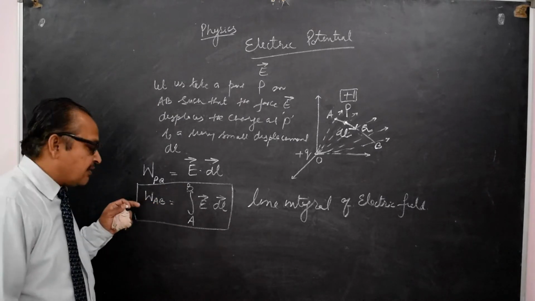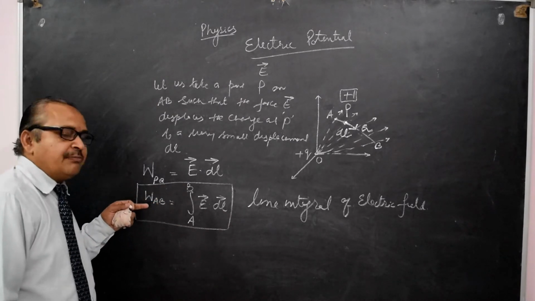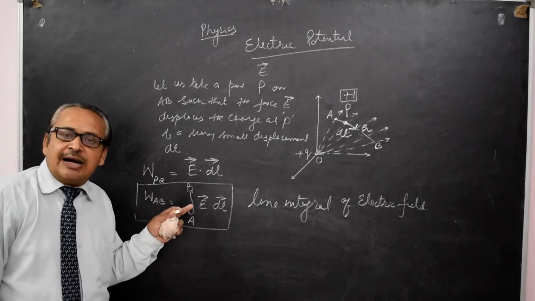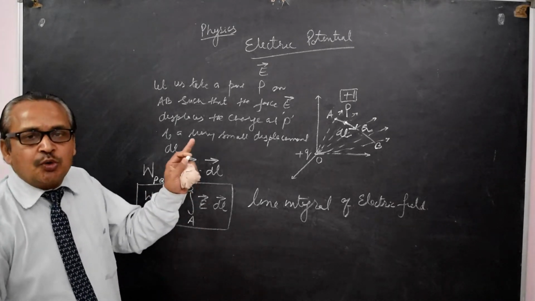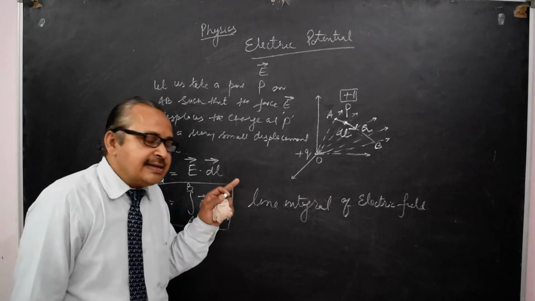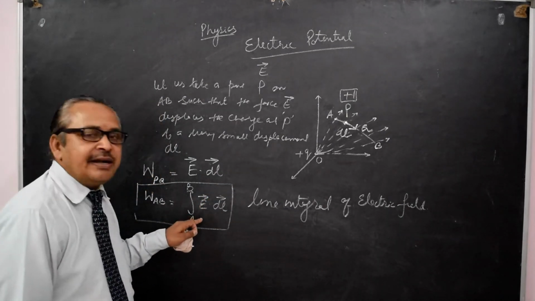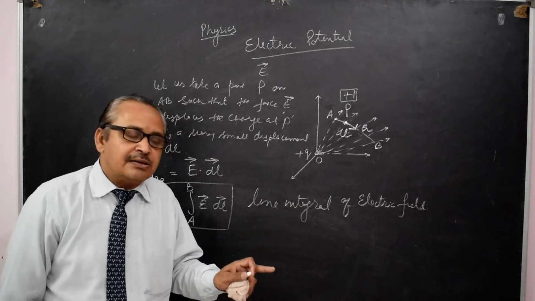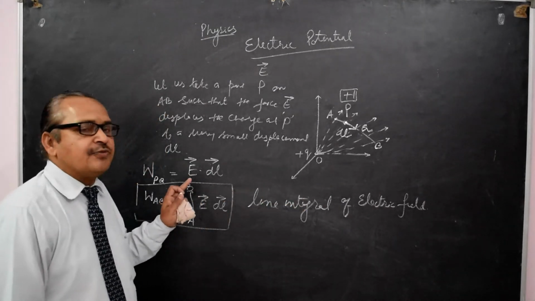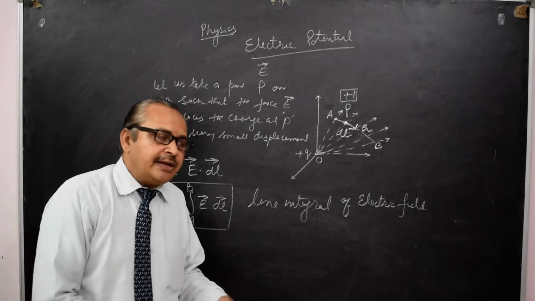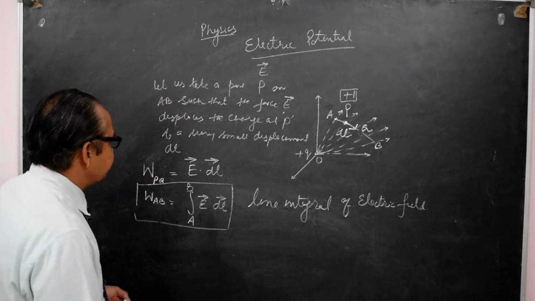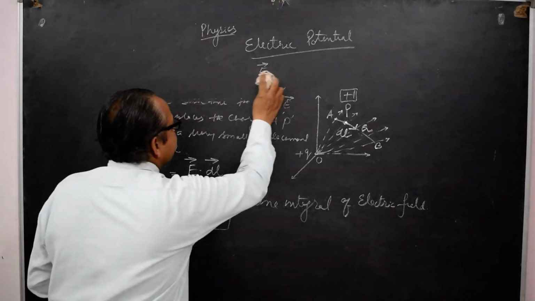It means work done by a force in moving a charge from one place to another place is the line integral of the electric field. Anybody is having any doubt? Okay. Let us continue further.